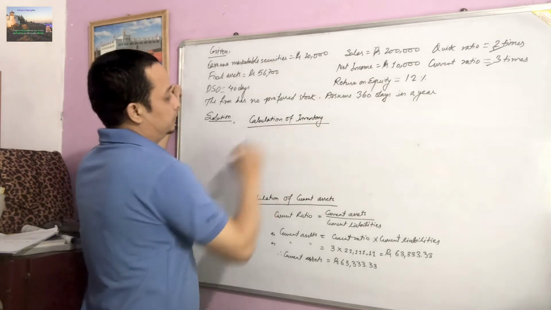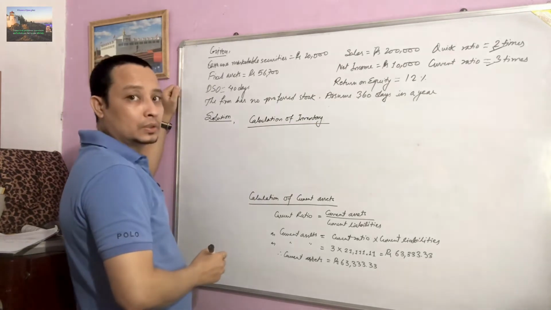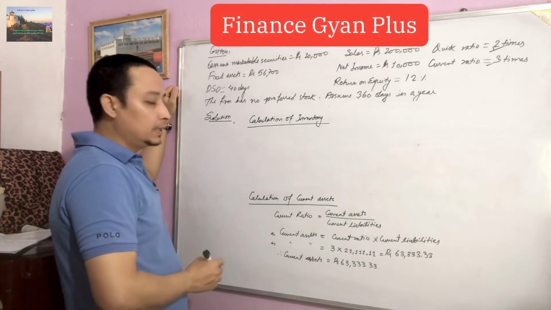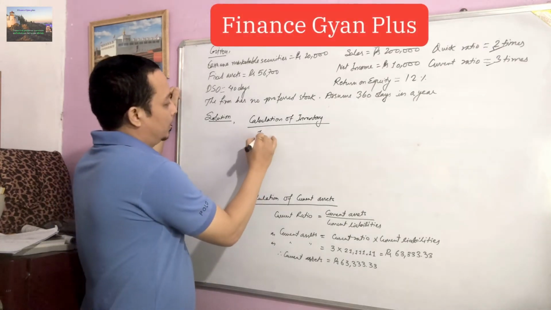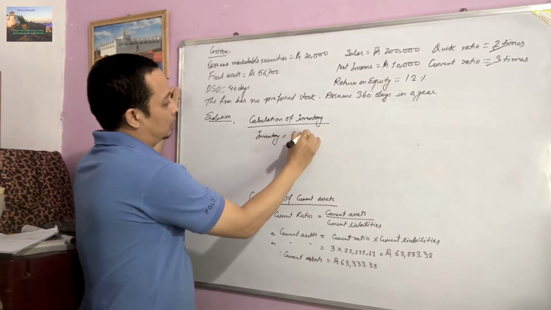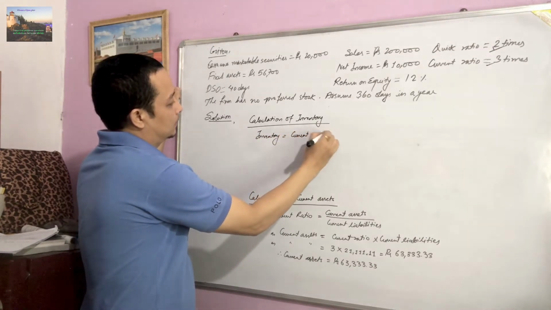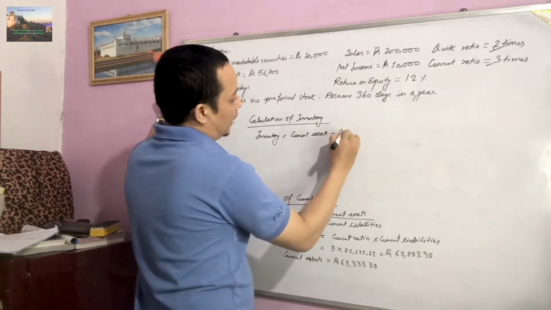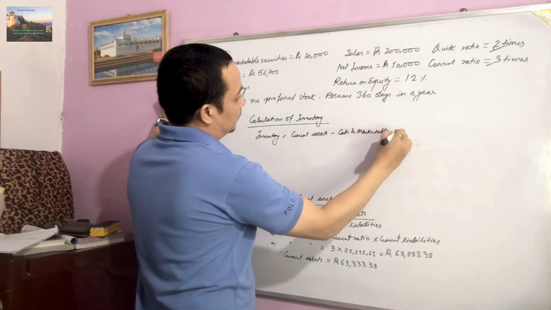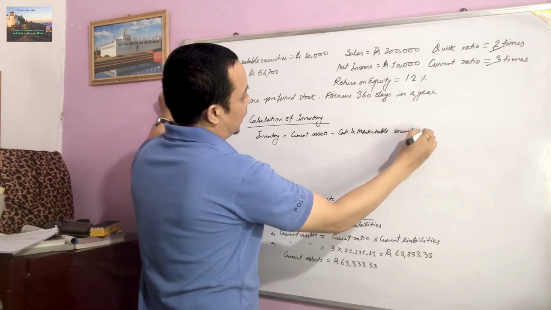For inventory, you can use current asset, cash and marketable securities, and account receivable. So here inventory equals current assets minus cash and marketable securities minus account receivable.